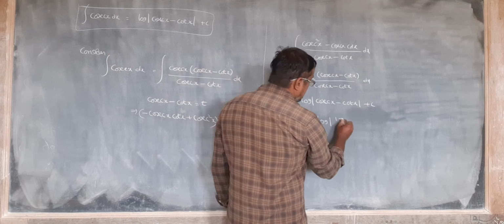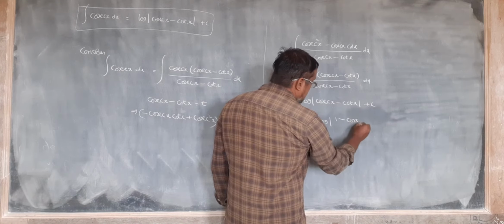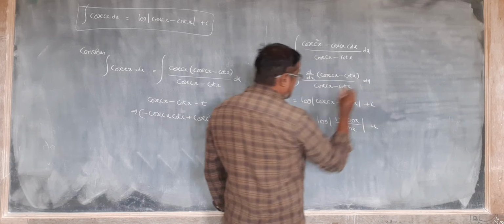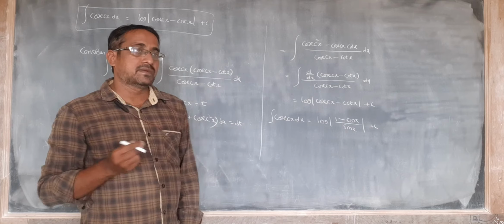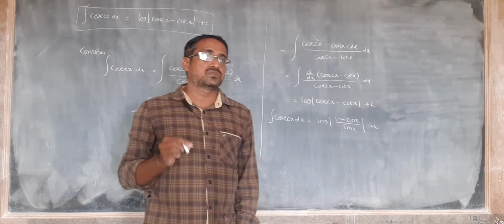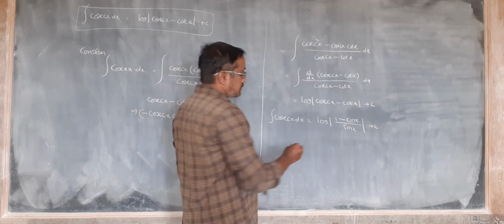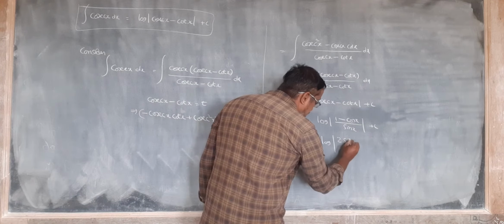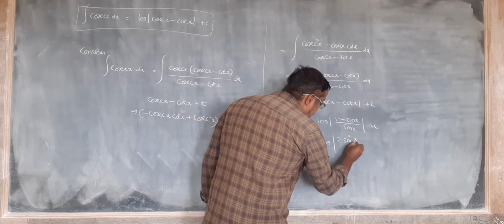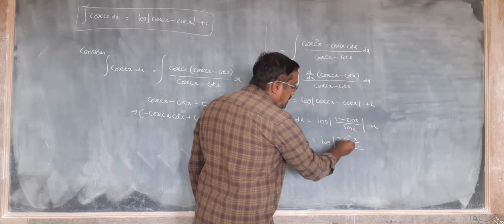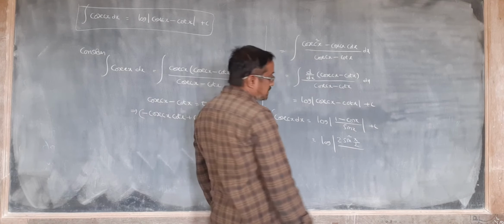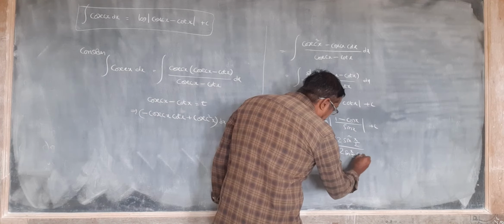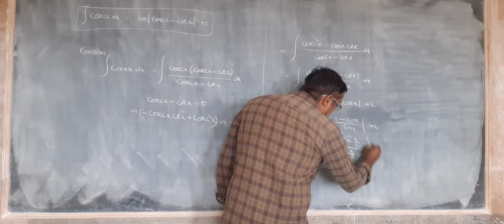So result is 1 minus cos x by sin x. 1 minus cos x is 2 sin square x by 2, and sin x is 2 sin x by 2 into cos x by 2.